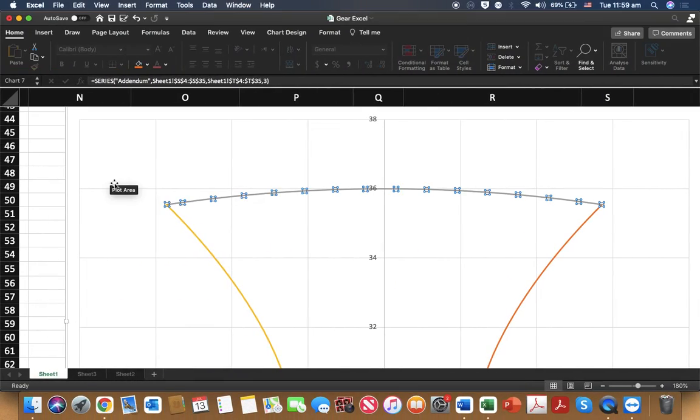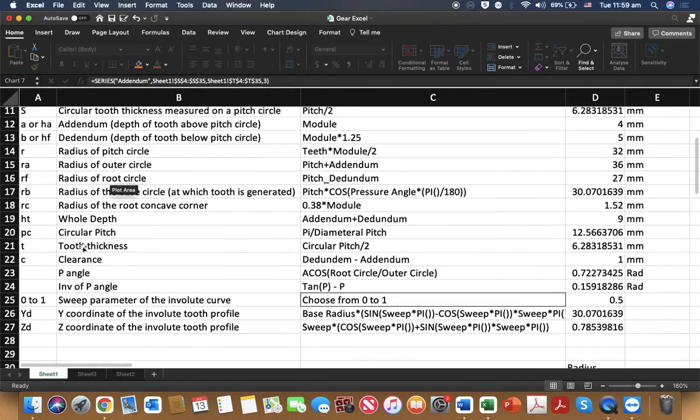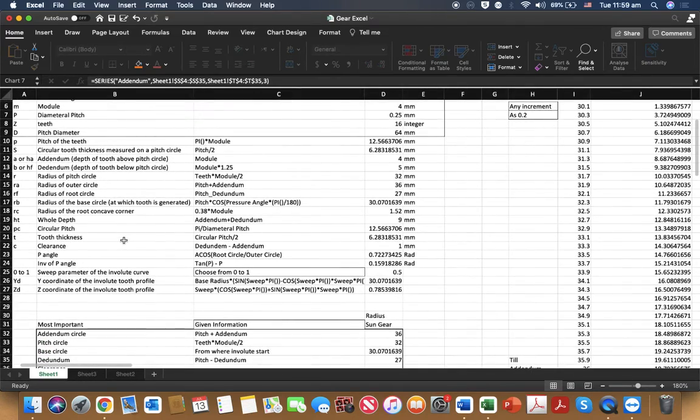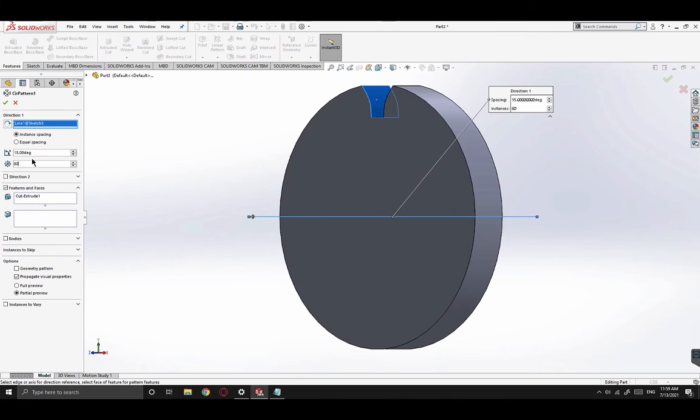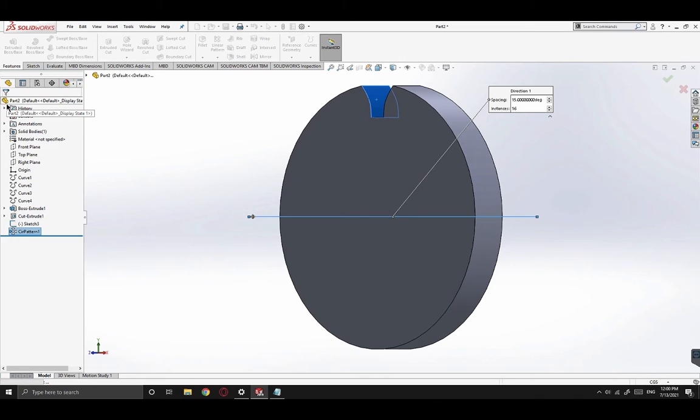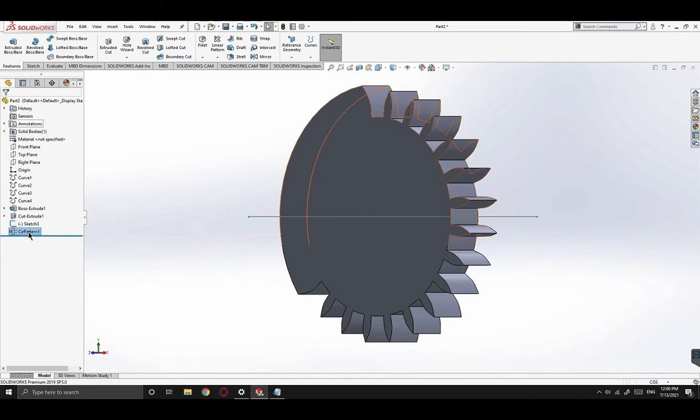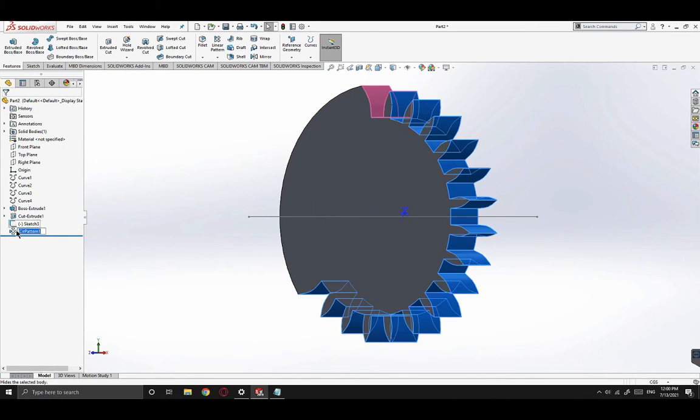How many teeth do we have? Uh, 16. Something is wrong, I don't know what it is. Oh yeah, I did not do the angle correctly.